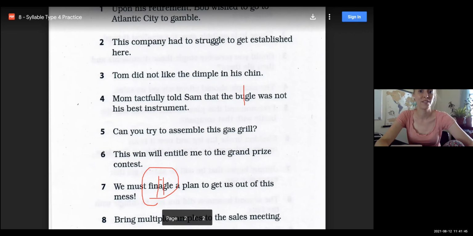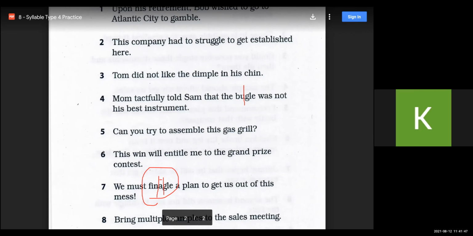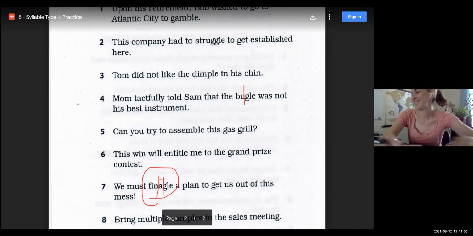Negotiate. We must negotiate a plan to get us out of the mess. Sometimes negotiate is like between two people. Finagle could be between a person and a problem, or even two people. It's to kind of negotiate to solve a problem. You're not always negotiating with a person, but you try to negotiate with the problem.